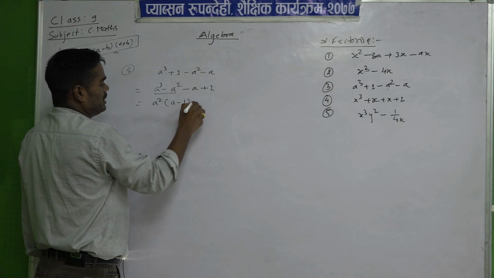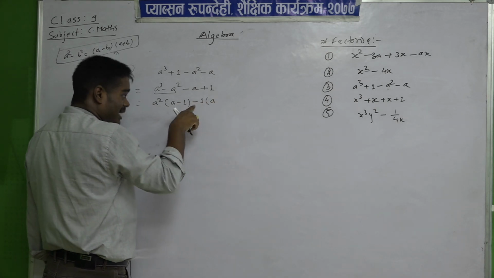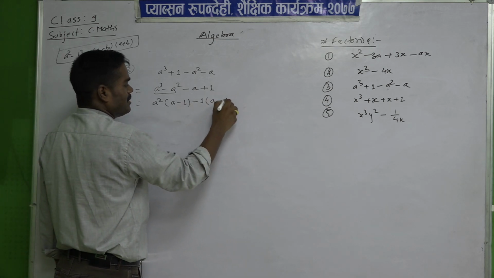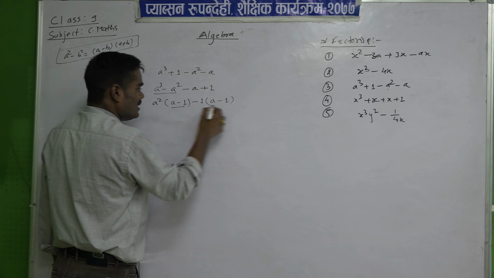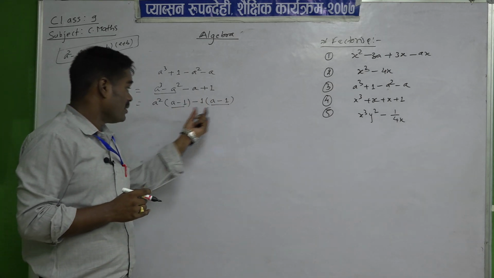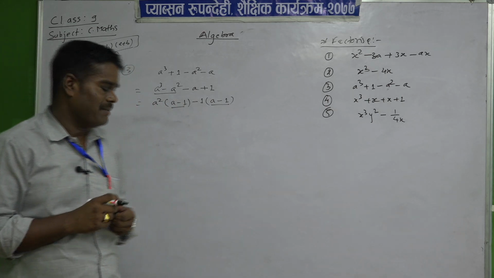So in the first 2 terms a square is common, what is left? A minus 1. Minus 1 is common in the others, and don't forget to multiply, minus into plus is minus 1. Again, after taking the common factor, whatever is inside the bracket must be the same.